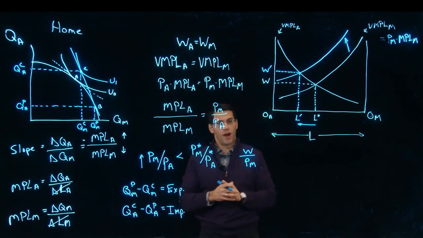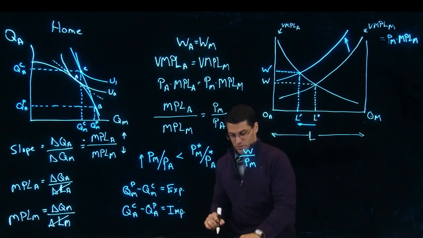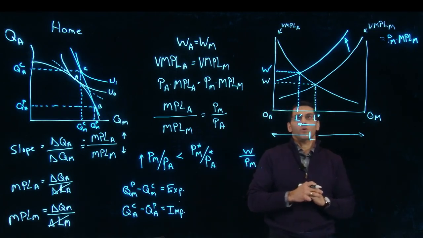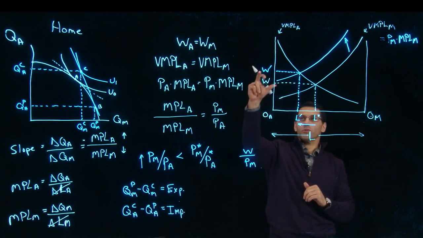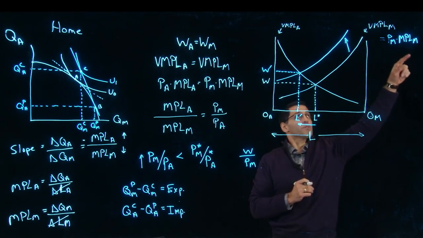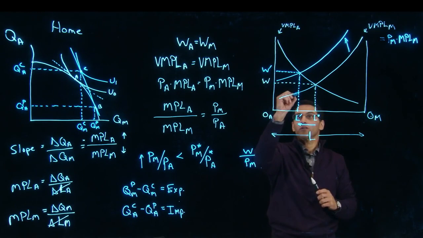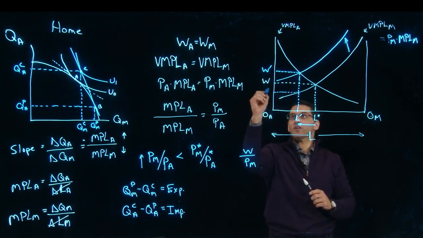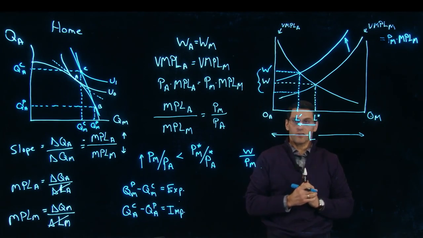We can see this in the graph here. So take a look, we go back and take a look at this. So the wage went up from W to W prime. But how much was the change or the shift in the whole curve? Well, that shift is given by that distance. And what is that?